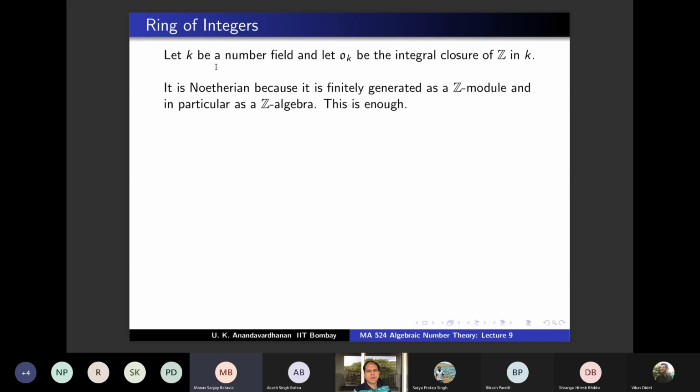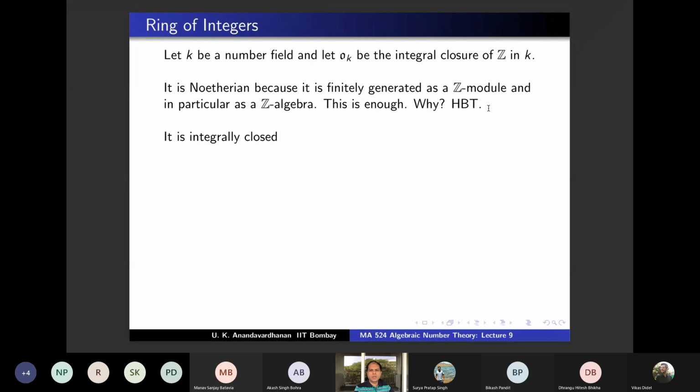Because Z is Noetherian, this follows, and there's a theorem: any finitely generated module over a Noetherian ring is Noetherian. Yes, but we should show that it's a Noetherian ring. So then the Hilbert basis theorem. Very good. You have done this? Yes. Okay, good.